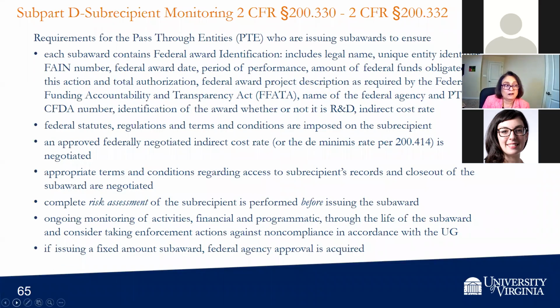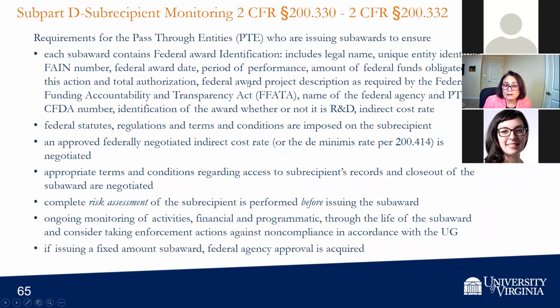Now, this is where the UG explains what kind of subaward or subrecipient monitoring is required. And this is also, again, something that we need to follow, and we generally follow, because when the subawards are issued, we flow down all the federal guidelines that apply to us to the subawardee.